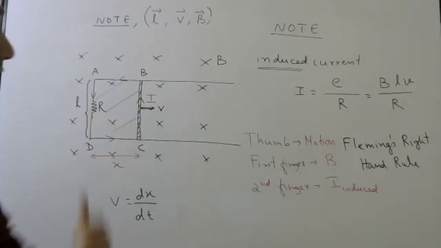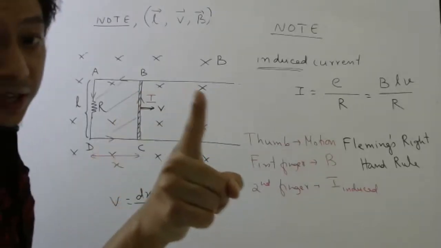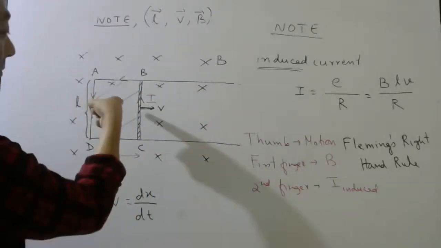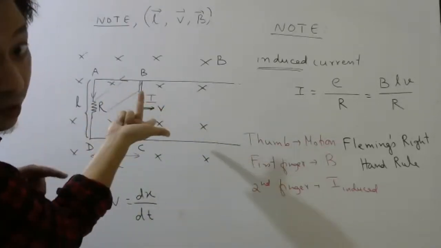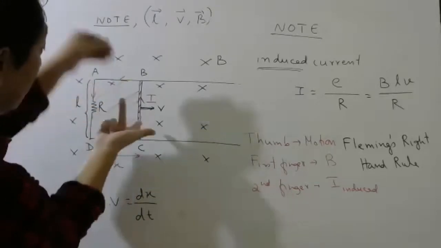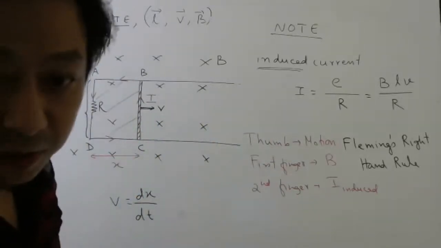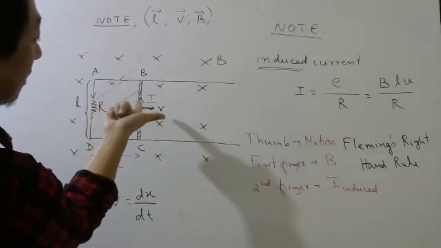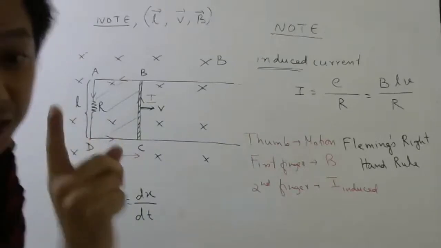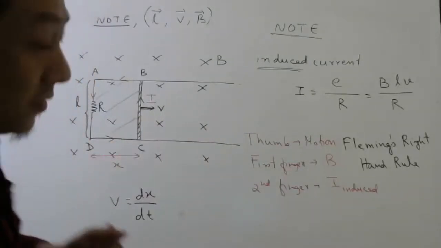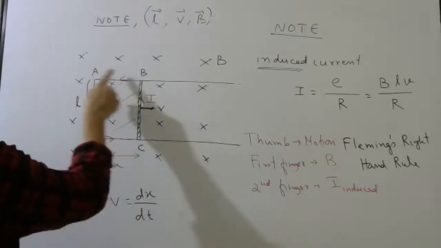So let us check here. All of you try yourself now. First finger, magnetic field inside the board. Where is the motion? Motion is to the right side here. So current will be this way. Correct, no? So current in this rod will be this way. Understood everyone? Magnetic field, motion, current. But if you use left hand, you will get the wrong answer. So you will come to know the direction of the current.